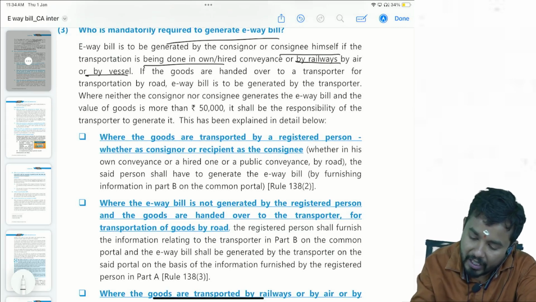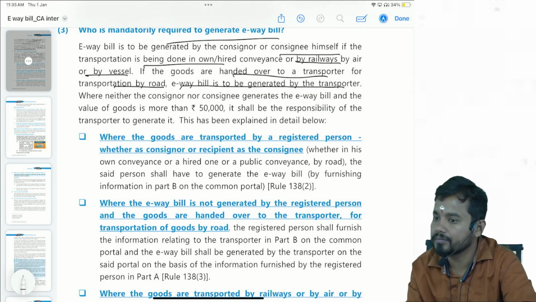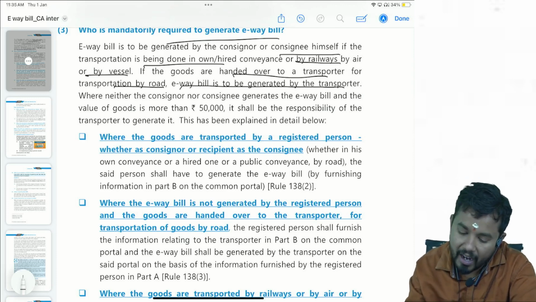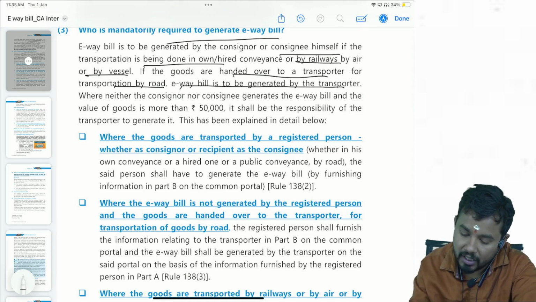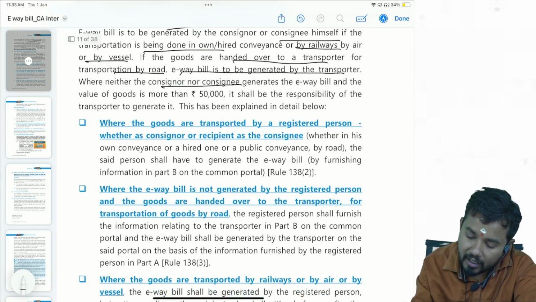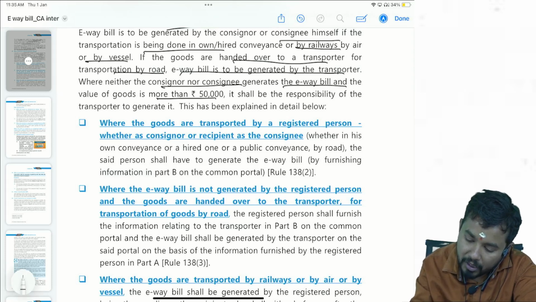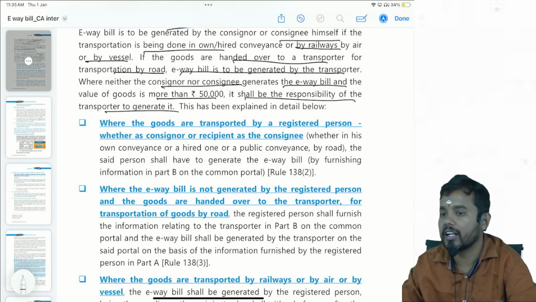If the goods are handed over to a transporter for transportation by road, the e-way bill is to be generated by the transporter. Okay? If I have handed over the goods to a transporter, then the e-way bill is to be generated by the transporter. Where neither the consignor nor consignee generates the e-way bill and the value of goods is more than rupees 50,000, it shall be the responsibility of the transporter to generate it.